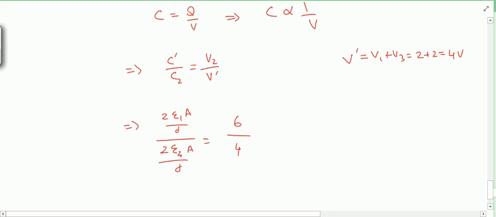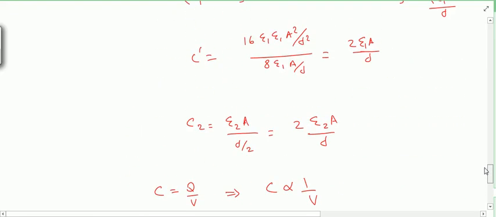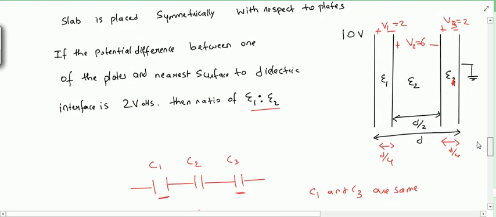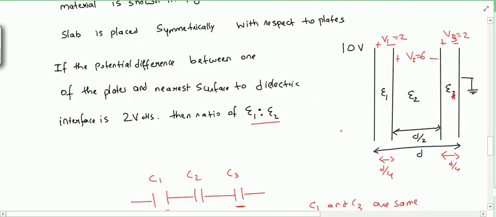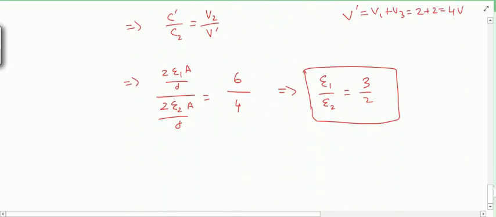If I cancel these terms, I get the ratio of epsilon 1 to epsilon 2 as 3 by 2. So I hope you understood this simple question based on capacitors and dielectrics. The ratio of epsilon 1 to epsilon 2 is 3 by 2, or 1.5 you can say.